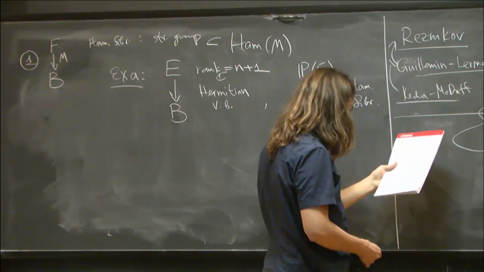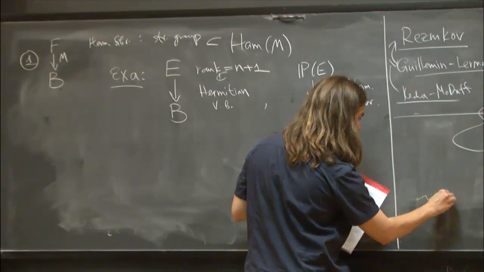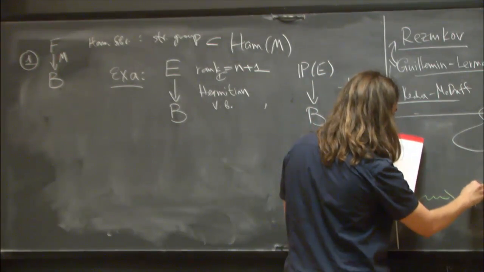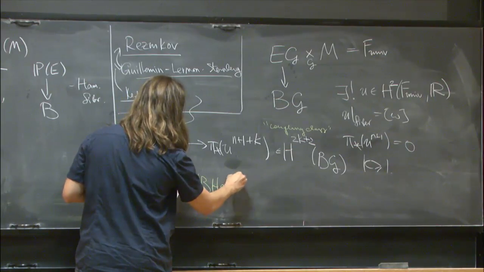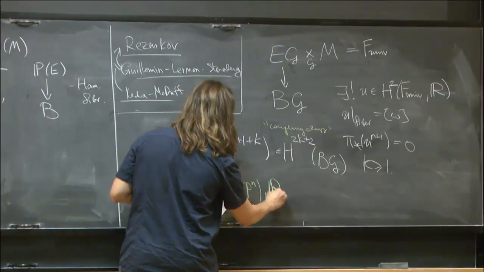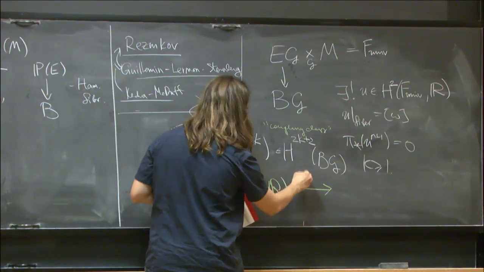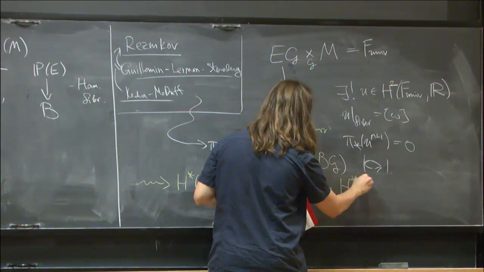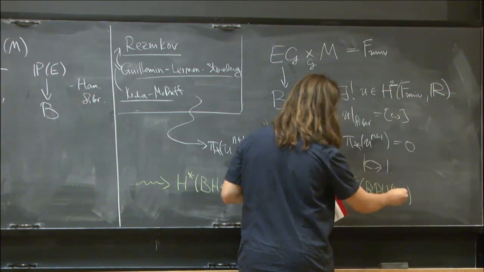And so from this, after a certain calculation, one gets that the map induced by this iota is surjective.